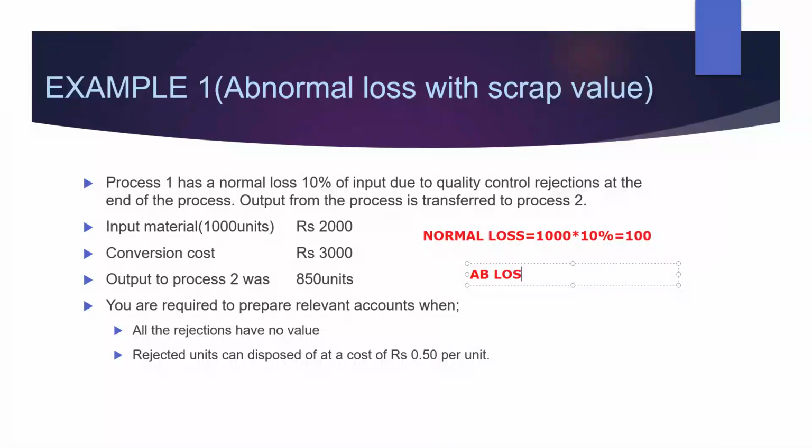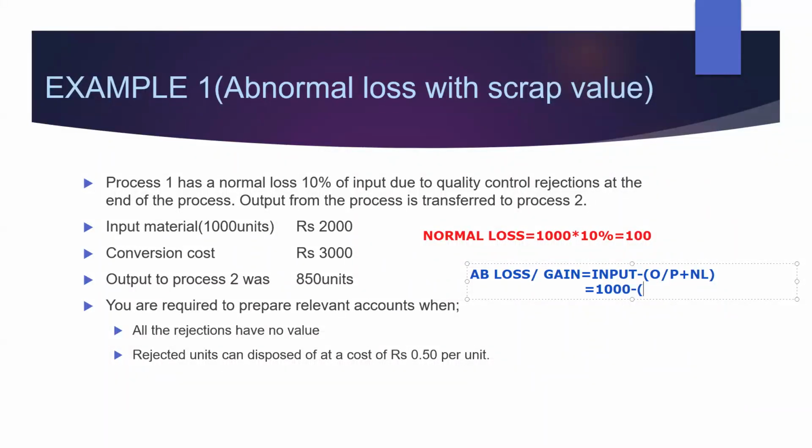Abnormal loss or gain can be calculated by input minus output plus the normal loss. So here input is 1,000 units.